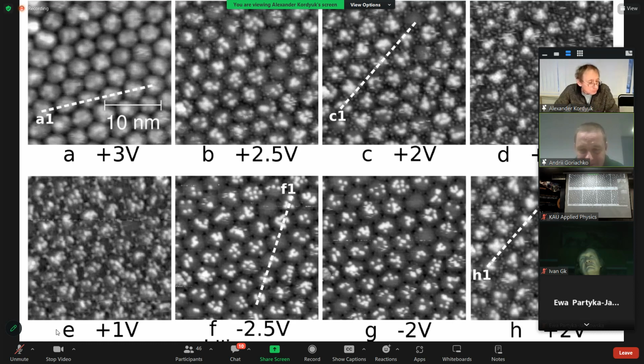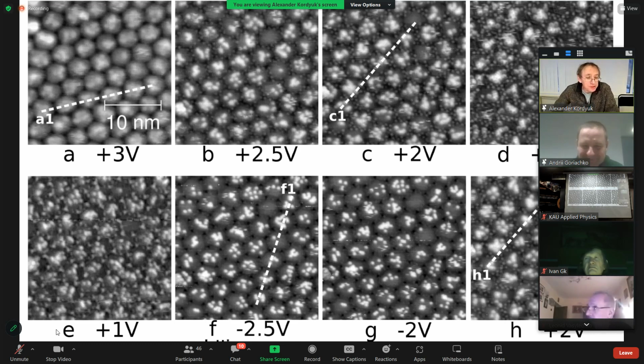As a result, some of the carbon atoms in the occupied states become brighter, so they have more local electronic density of occupied states. Okay, this is my answer. Okay, there is such a hypothesis. I understood. Thank you.